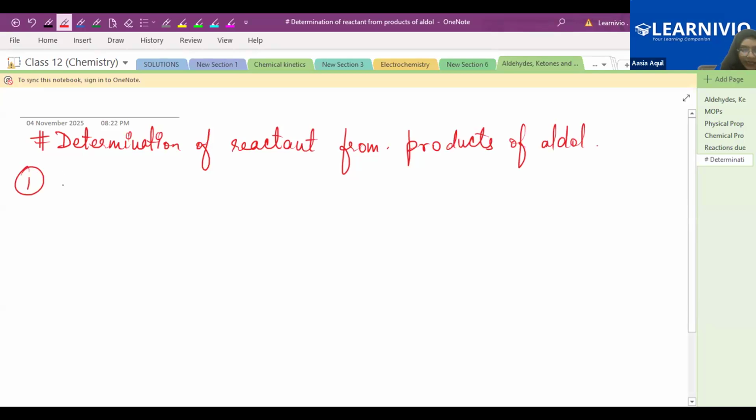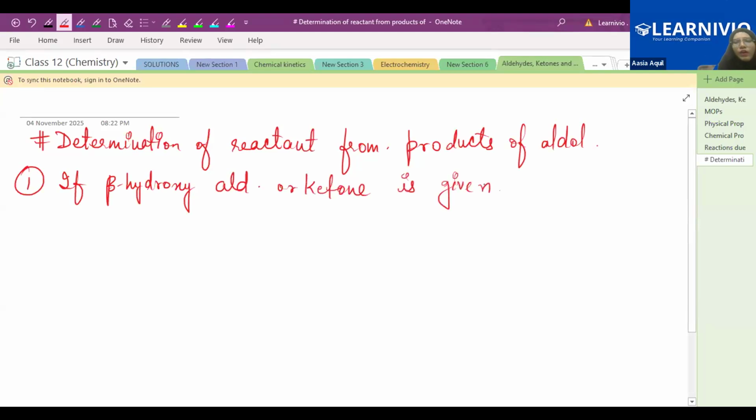First case, if a beta hydroxy aldehyde or ketone is given. Beta hydroxyaldehyde or ketone means aldol or ketones will be given. If that is given, how will you write down the reactant for that? Suppose let's take an example: CH3, CH2, CH, CH, CHO.